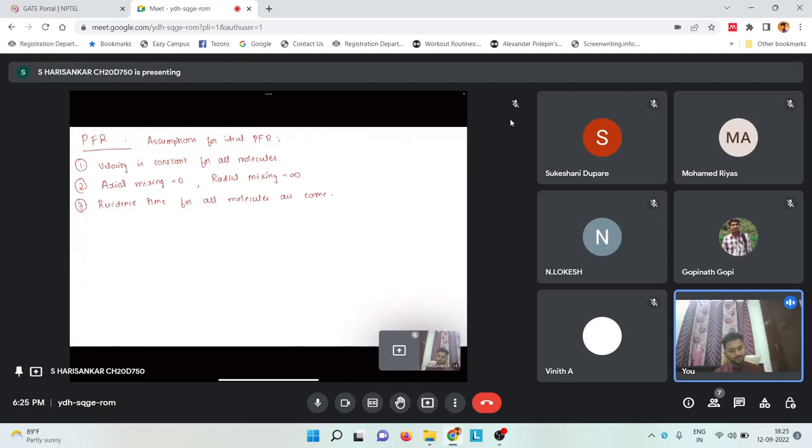A PFR is basically a tubular reactor, usually represented like a tube. The first and third assumptions imply almost the same thing.